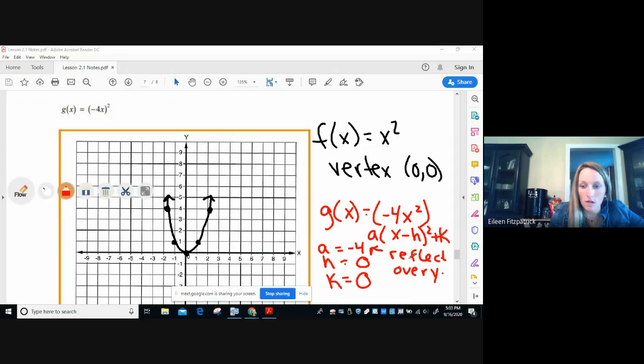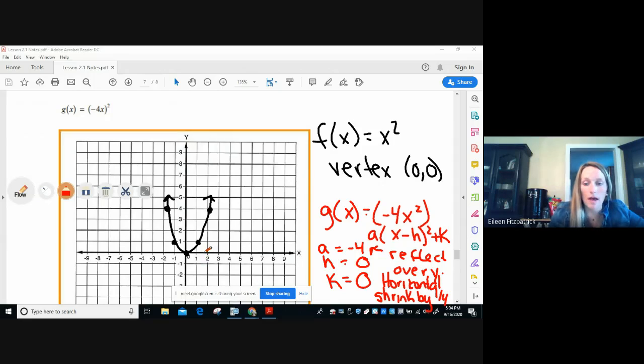And then also there's going to be a horizontal shrink by 1/4, when you think about the x values.